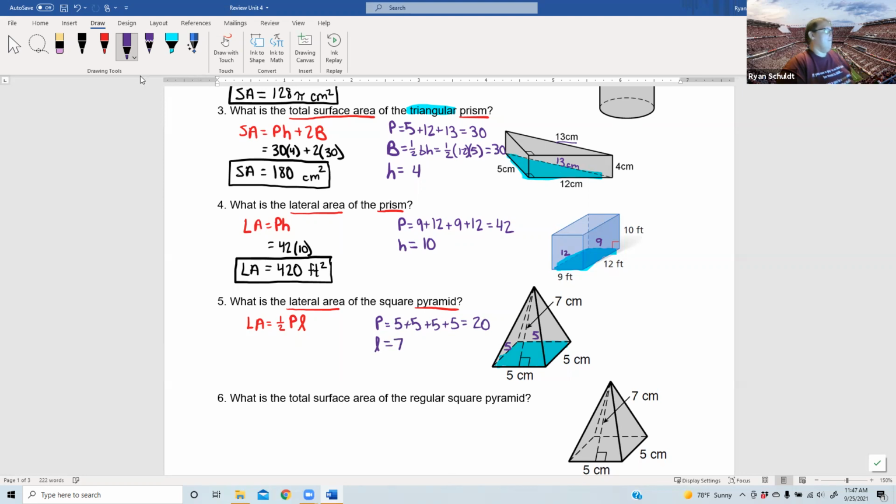We kind of lucked out on that one. So now let's plug in. We're going to have 1/2 of 20 times 7, which gets us 70 centimeters squared.